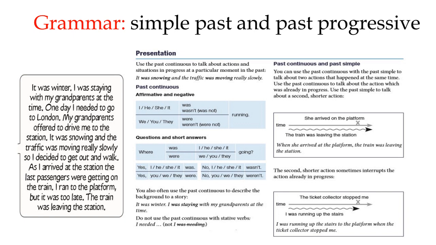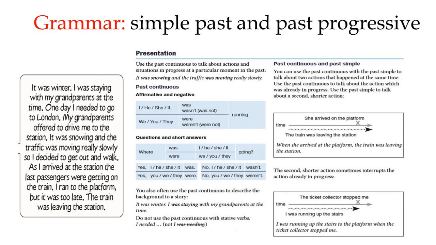Before we move to the presentation, I'd like to speak about the form of past continuous. I was, this is verb to be in simple past. I was, you were, he, she, it was, we, you, they were. So to be in simple past plus verb plus ing. I was staying. The verb is stay plus ing.